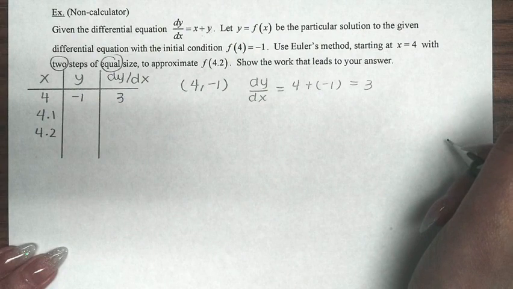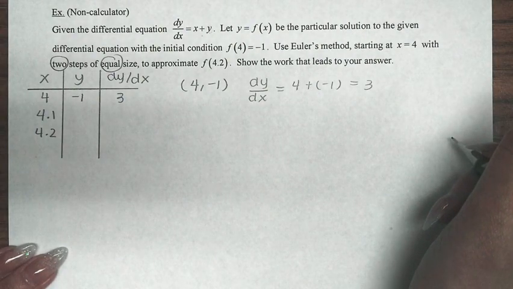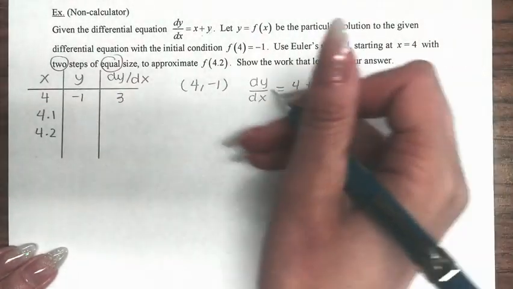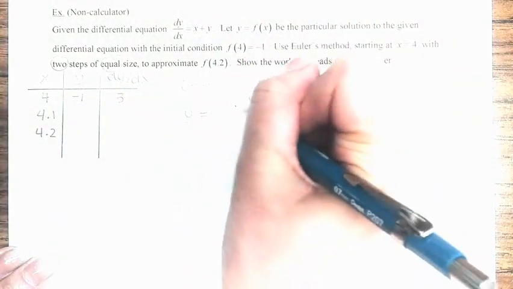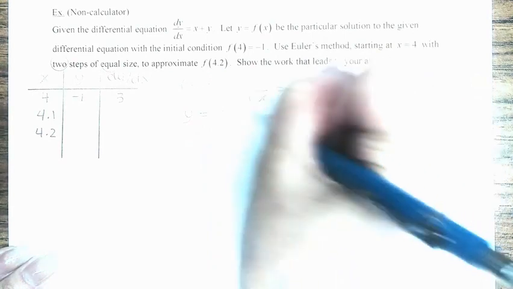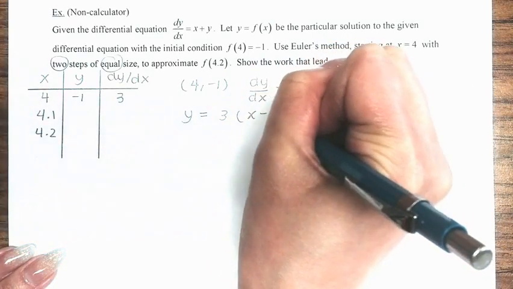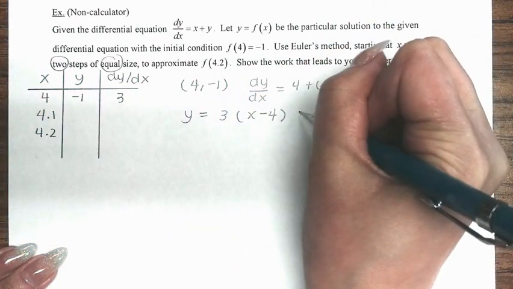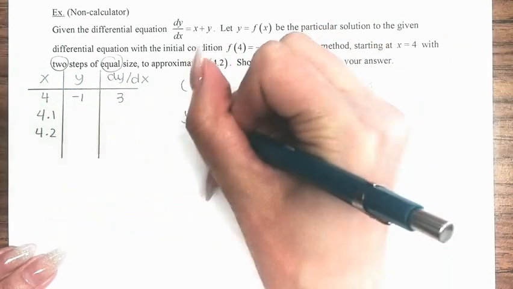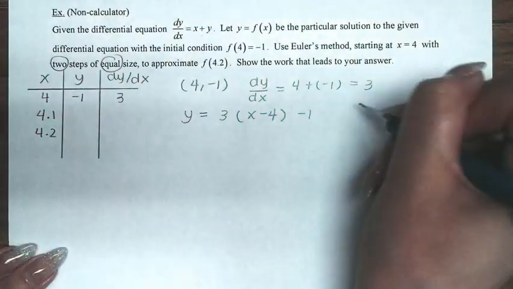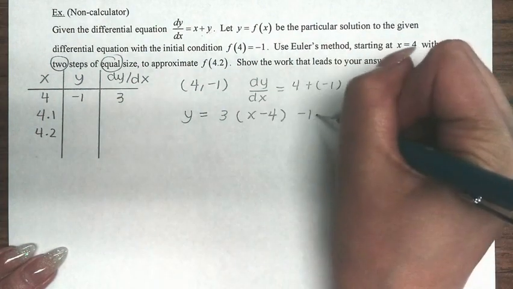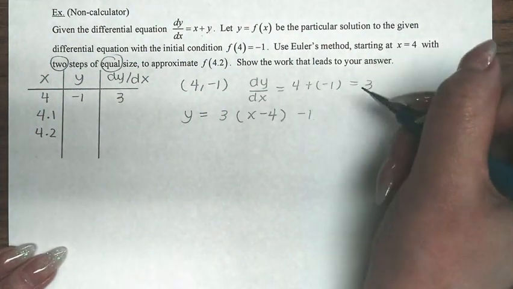At this point, I have all the pieces to build my point-slope equation. It would be y equals 3 times x minus 4, and then you would have -1. That would be +1 here, but I move it to the other side because I want this expression cleaned up for y.